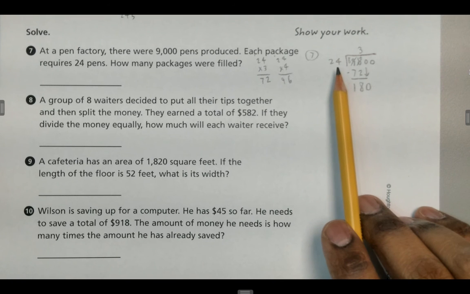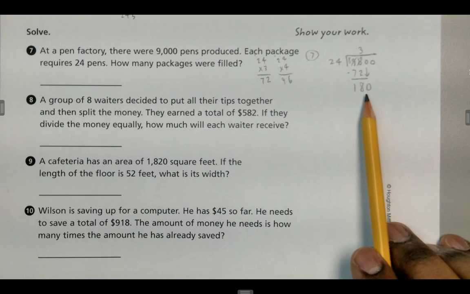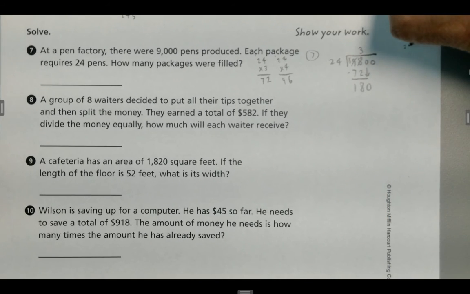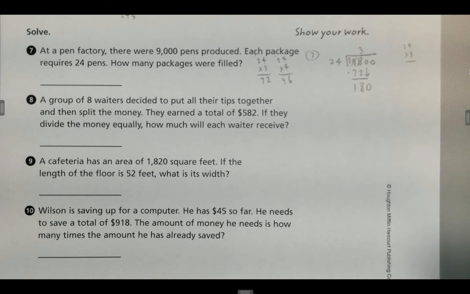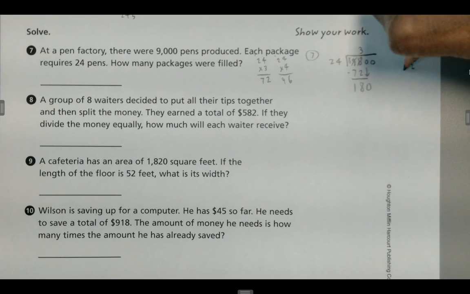I'm thinking 20. I'm trying to find about how many times does 20 go into 180. Well, 20 times 9 is 180, but I think that's going to overshoot it. So I'm going to test out 8. 24 times 8 is going to be my next side calculation here. 8 times 4 is 32. 2 comes down, 3 gets carried. 8 times 2 is 16 plus the 3.